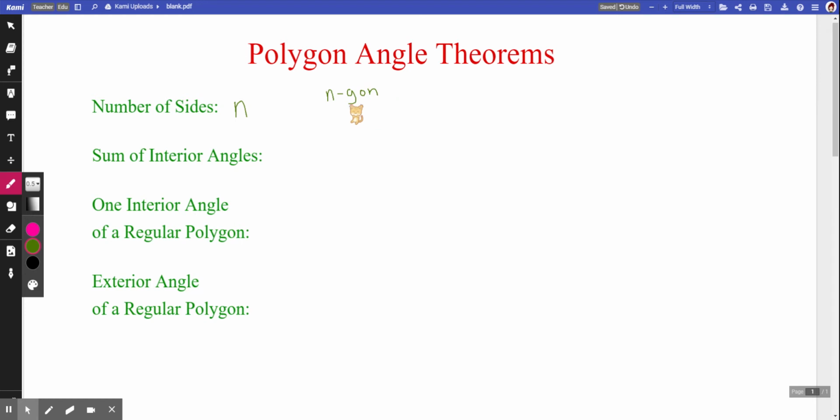Because a triangle is a 3-gon, a pentagon is a 5-gon, a nonagon is a 9-gon, and so on and so forth.